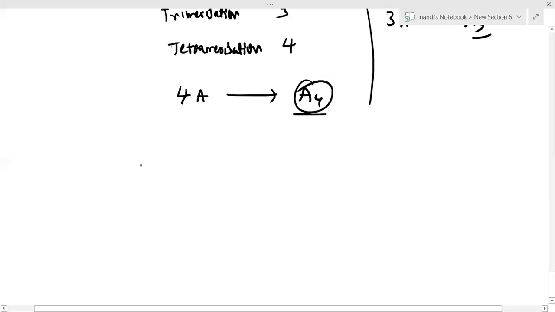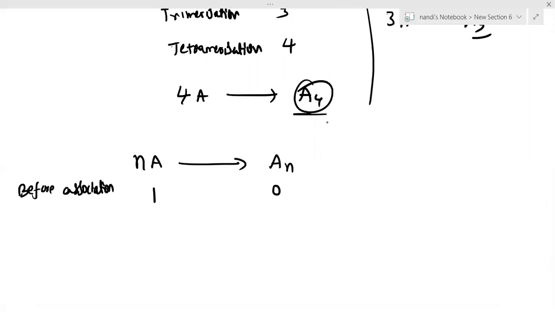For this I am providing a derivation. Suppose I take n atoms of A that become An. Before association, assume 1, 0, 0, because degrees of dissociation or association are calculated for 1 mole as the reference.